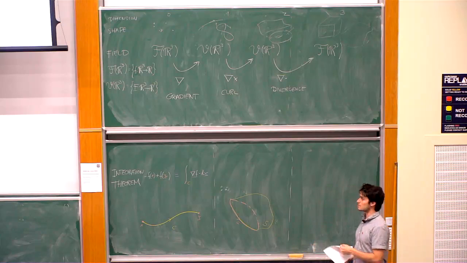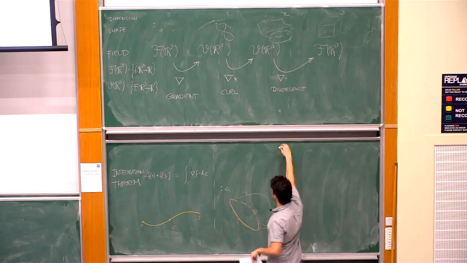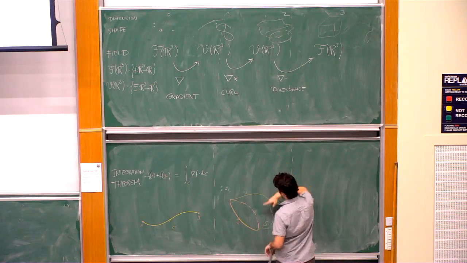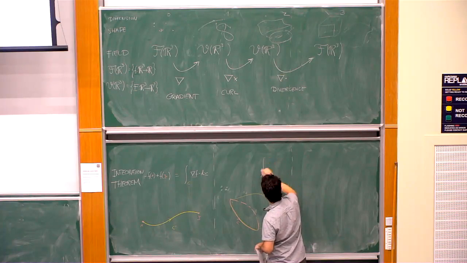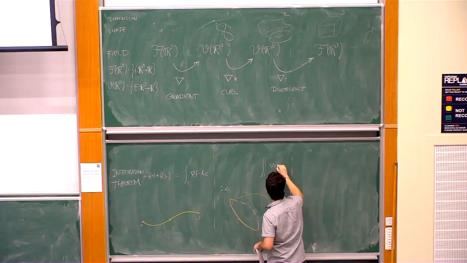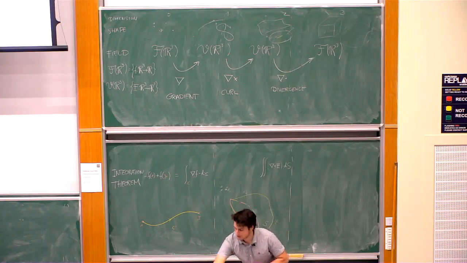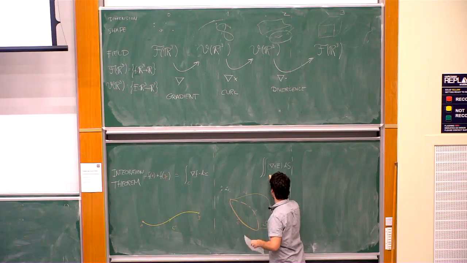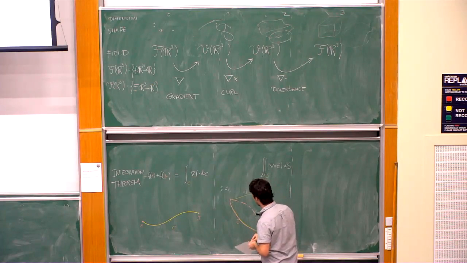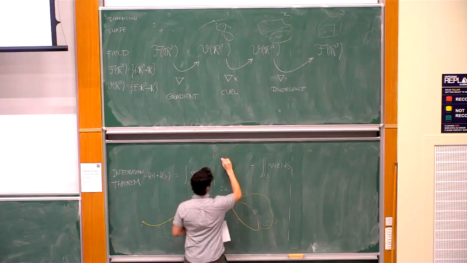What does Stokes' theorem tell us? Well, we have a double integral, a surface integral that becomes a line integral. So if we compute the double integral of a curl, a vector field, over our region, or a surface, sorry, S, what we get is the line integral along the boundary.